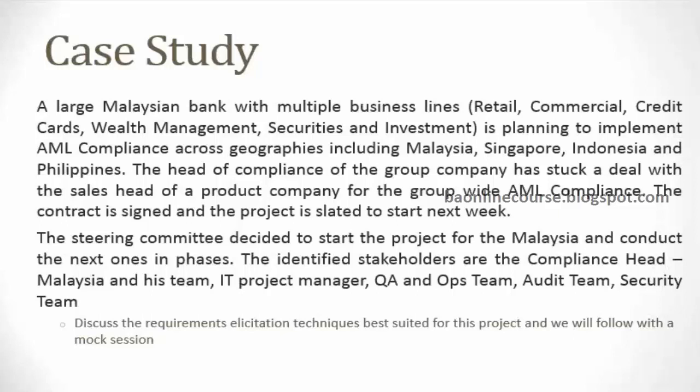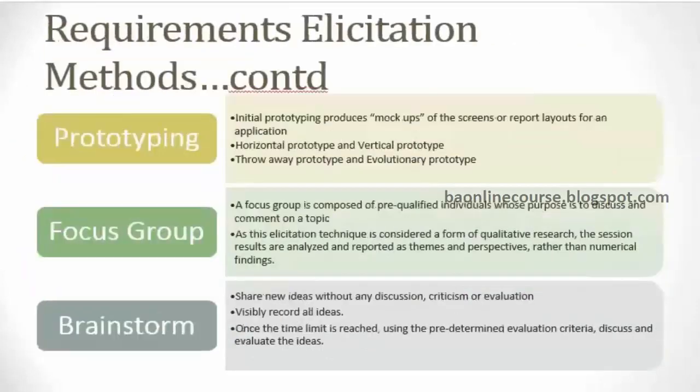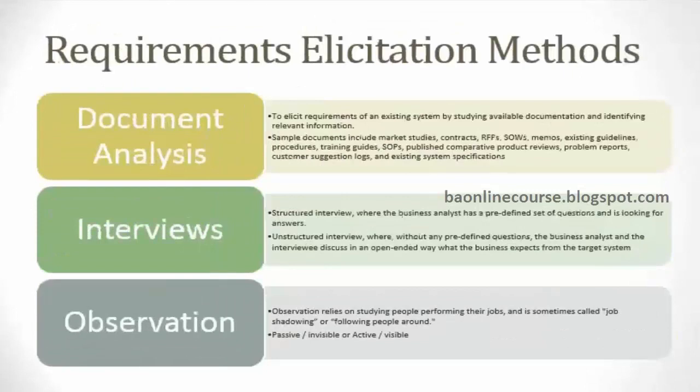So you'll have to go through all those unknowns, and through that you have to make sure you're going in a structured approach using all the techniques at hand, whatever you have, and capture the requirements. Okay. So ideally start off with document analysis. I'm trying to recap again.